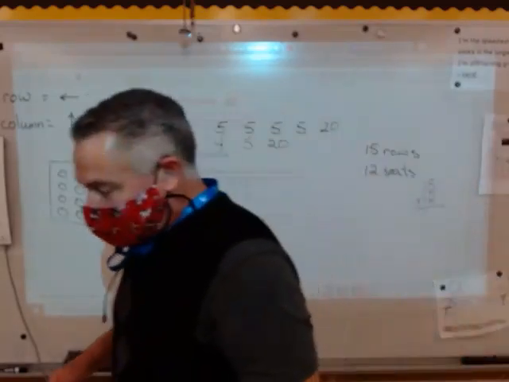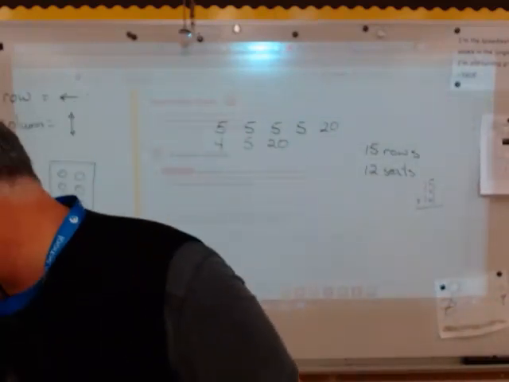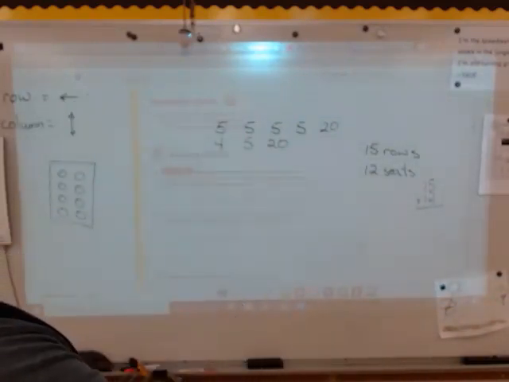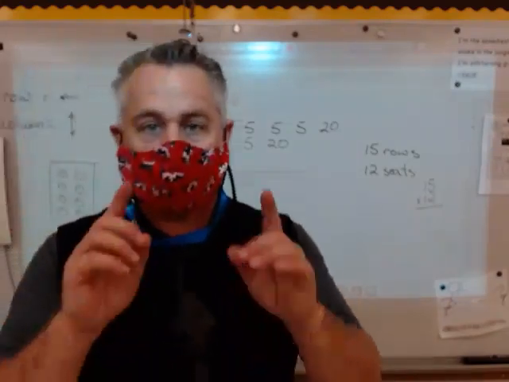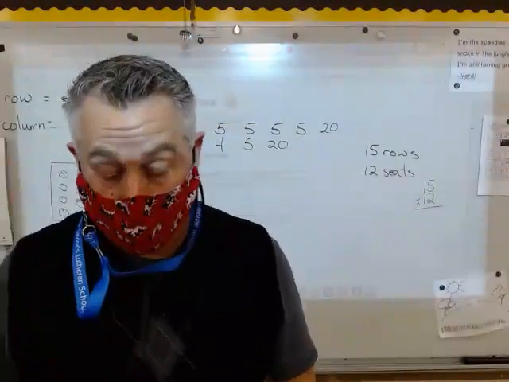Mm-hmm. Okay, how would you do it? 1, 2, 3, 4, 5. And then this should have how many? 1, 2, 3, 4, 5. Only 2 more. Sorry, Declan. I kept this going. You could get your assignment going too.